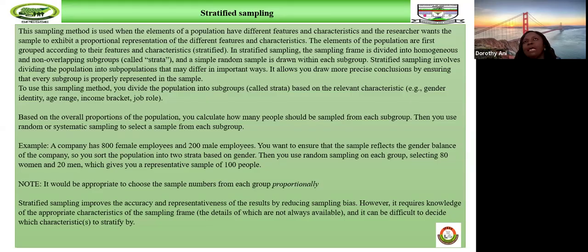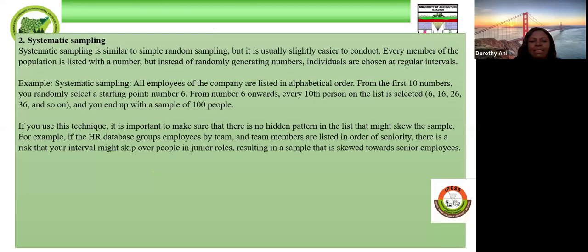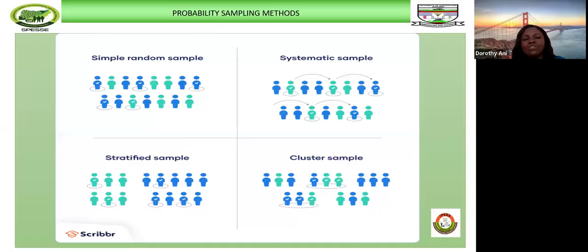If, for instance, I'm doing a gender study, I won't just come and use simple random sampling, because from experience, from what we have seen in this my diagram, let's assume that the males are the ones in blue, and the females are the ones in green.